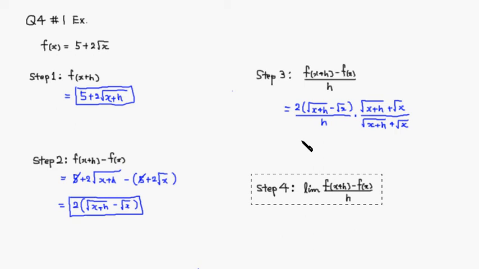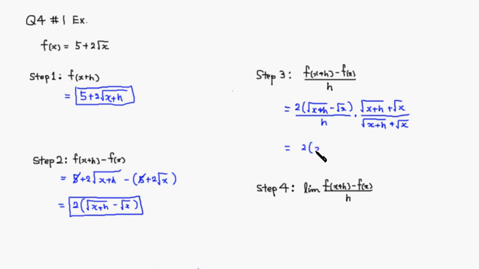If you multiply it out, you see that this is a minus b, a plus b form. So we can write it as square root of x plus h, the whole thing squared.